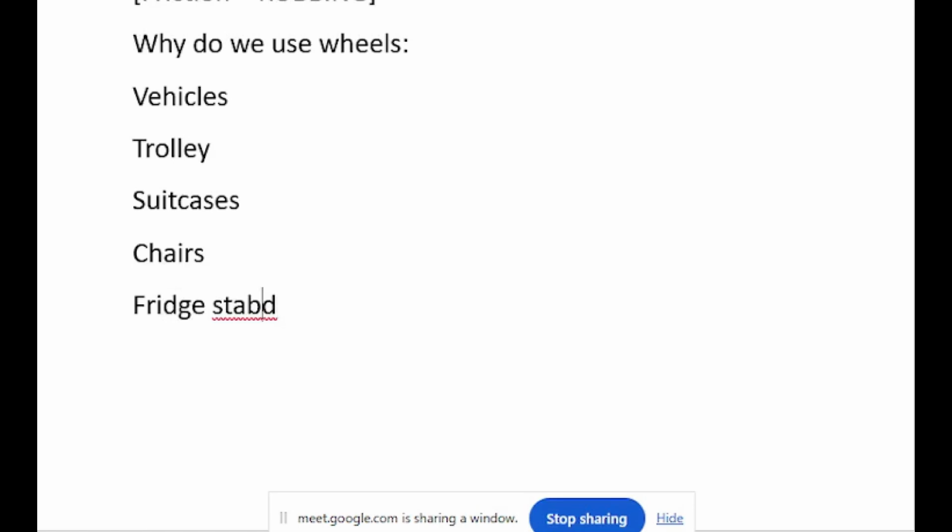So why do we put wheels? The only reason is that rolling friction is less. Rolling friction is very little.